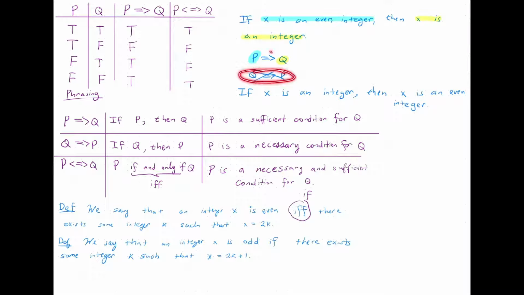This is the converse of P implies Q. And so definition, we say that the converse of P implies Q is Q implies P. And so in order to have a biconditional, an if and only if, we require the converse of P implies Q to also be true.